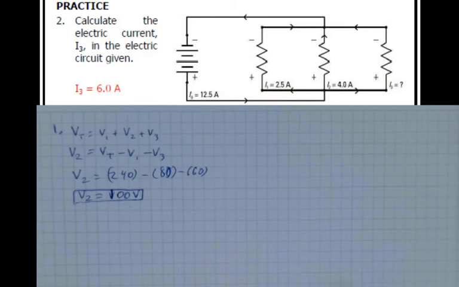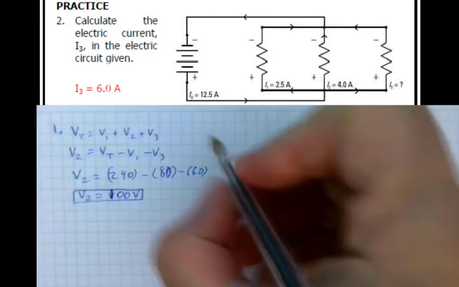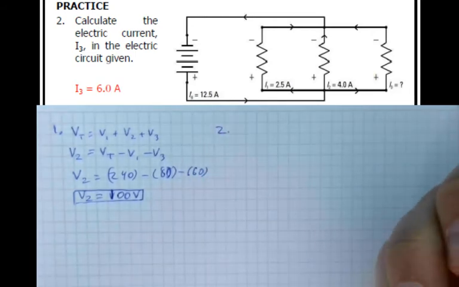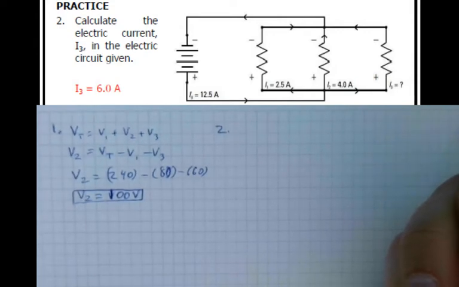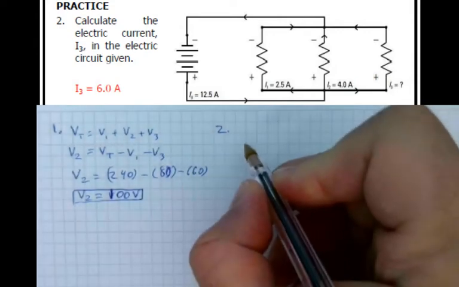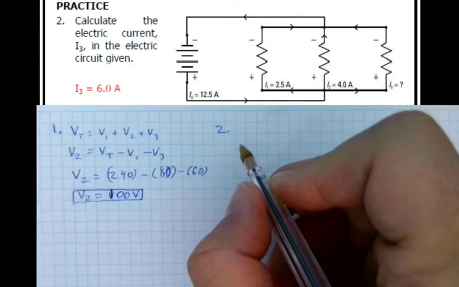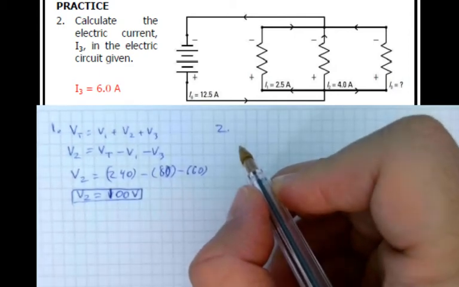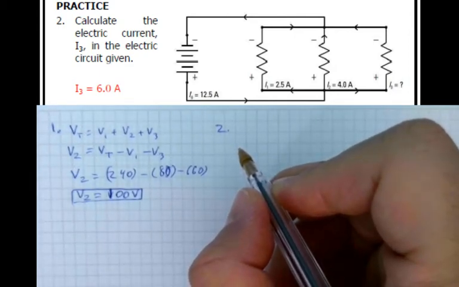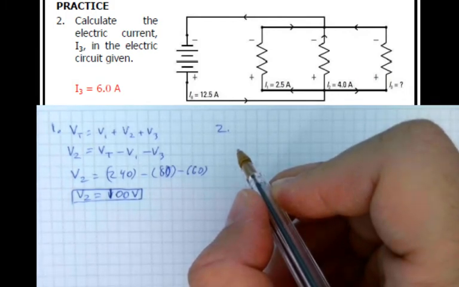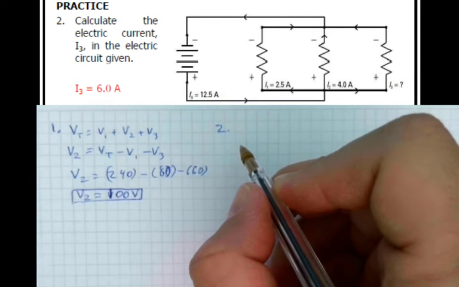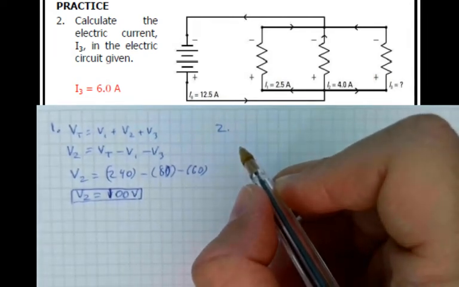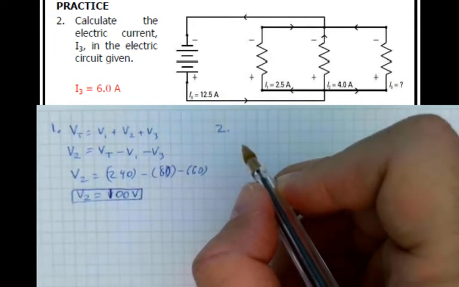In this case, we have one main junction point. We have a total current of 12.5 amps, and that is going to split. We have 2.5 amps and 4.0 amps. We need to find out what's left over.